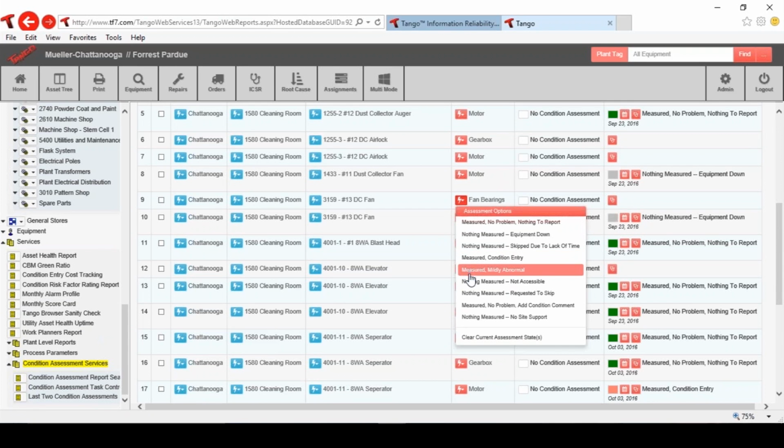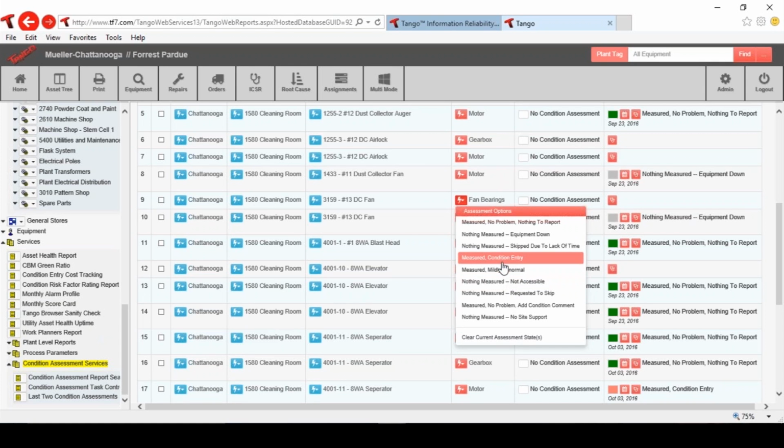But what Tango wants me to do on any of these now is tell it that I measured it and there's no problem, or I measured it and it was mildly abnormal, or I measured it and there was a condition comment. So measured no problem, or measured no problem but with a comment, is really the same thing, but I want to add a comment about it for some reason.